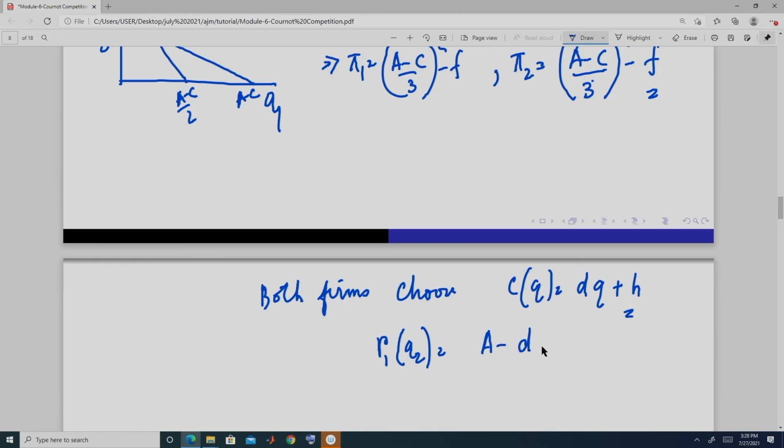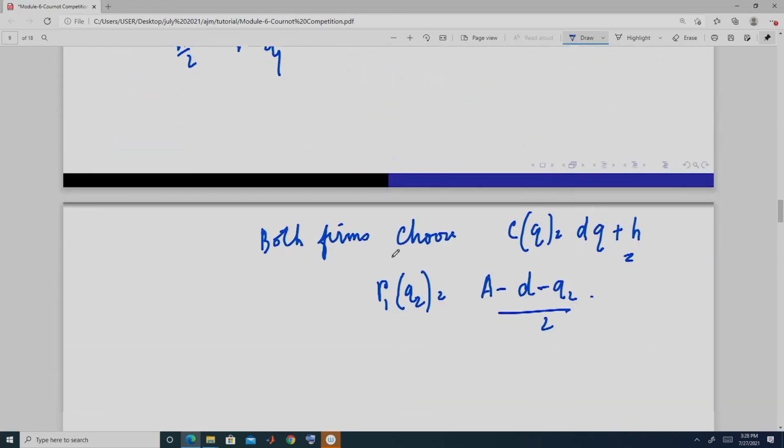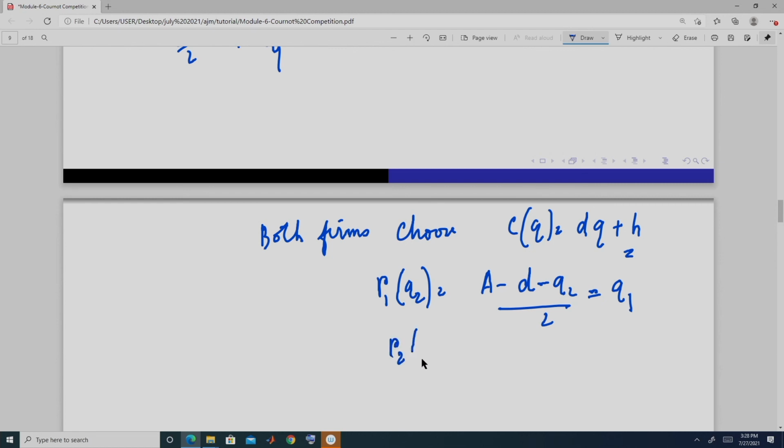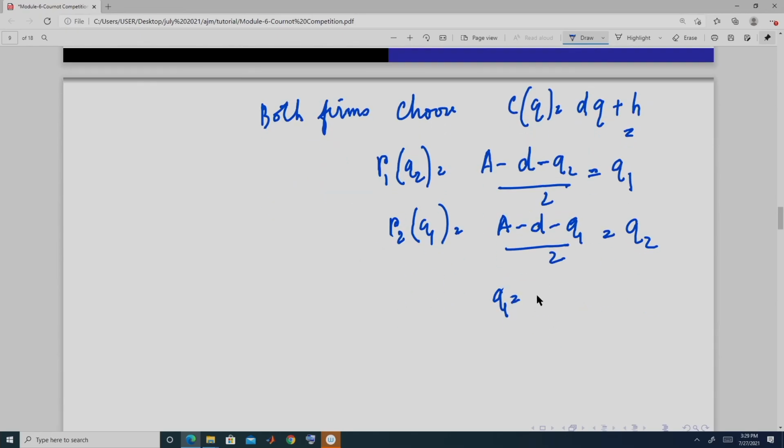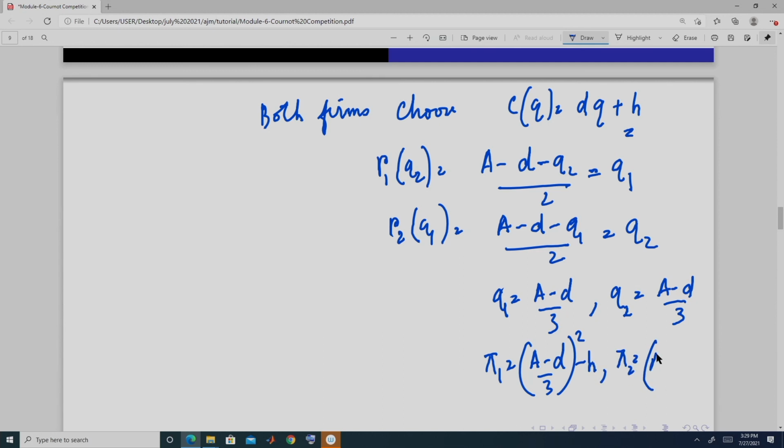It is this, and so the outcome is this, so the profit is this.